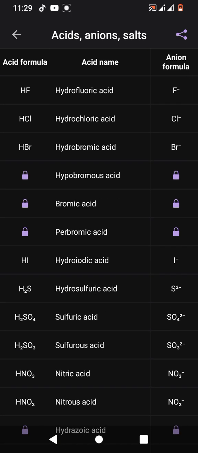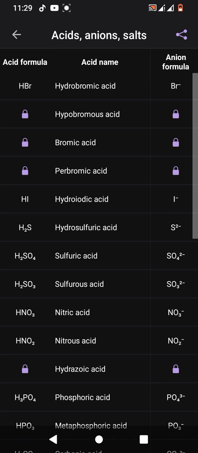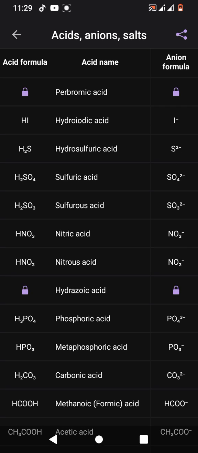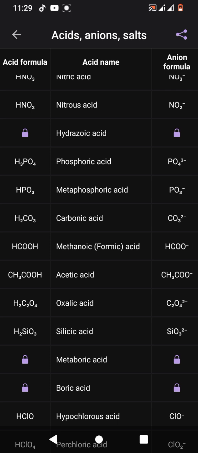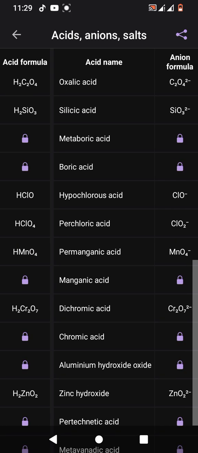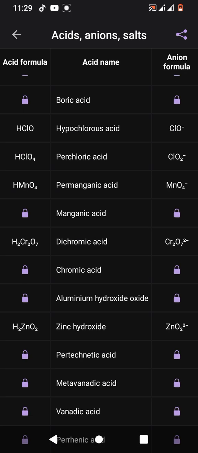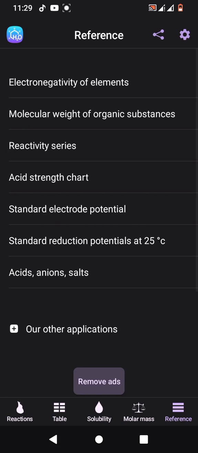We have some acids, some bases, I guess, and then some salt. So I recommend you download this app before we move on to our acids and bases session.